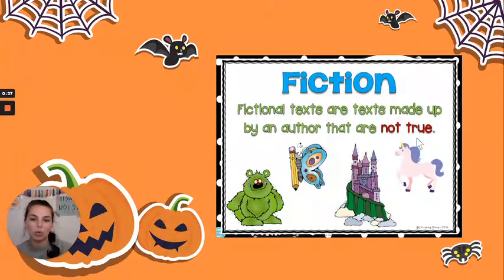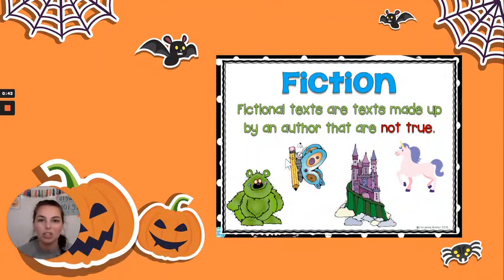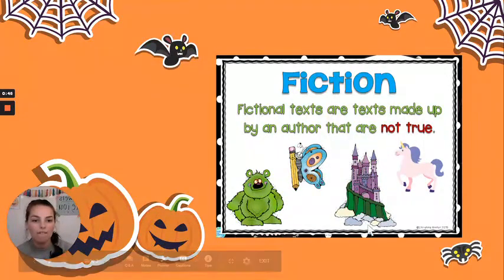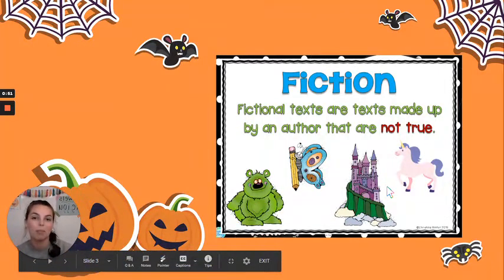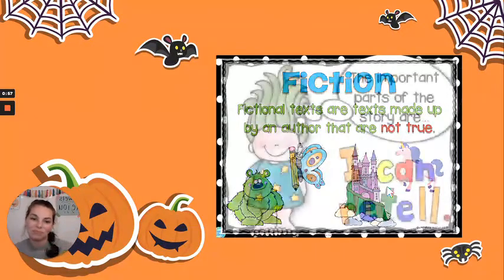So you can have stories about maybe monsters, animals that talk, animals that do things like humans do, fairy tales about castles, things like that. These are fiction, fake. They're made up. Remember, the author's purpose is to entertain if it's fiction.